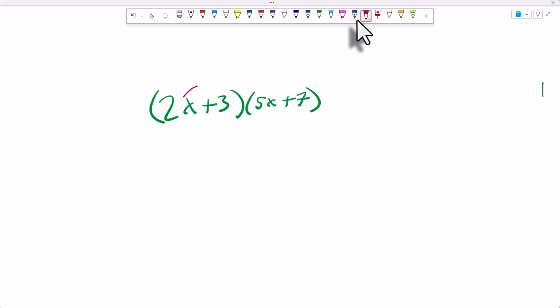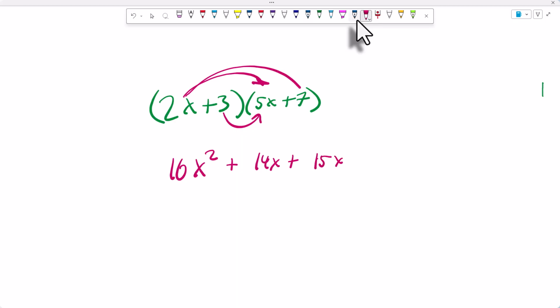Okay, when we multiply these out, we get 10x squared plus 14x plus 15x plus 21.